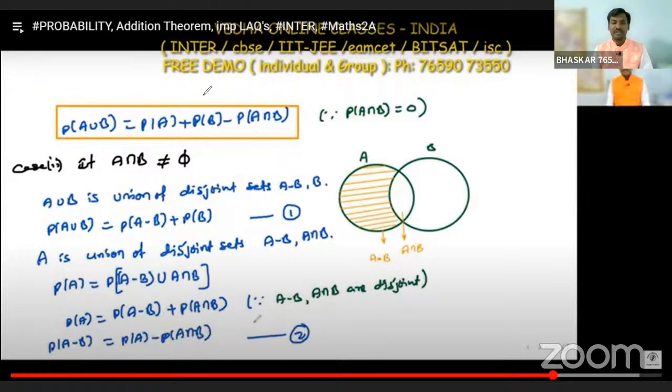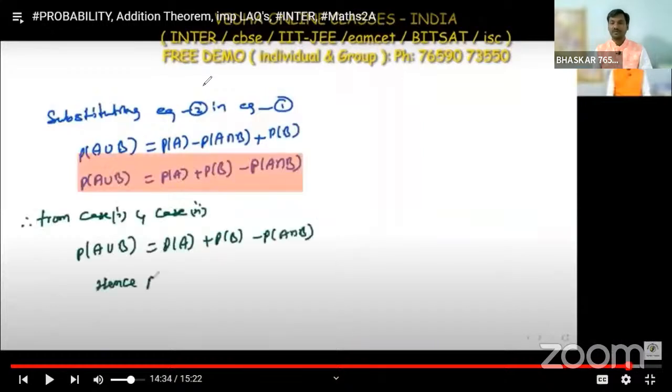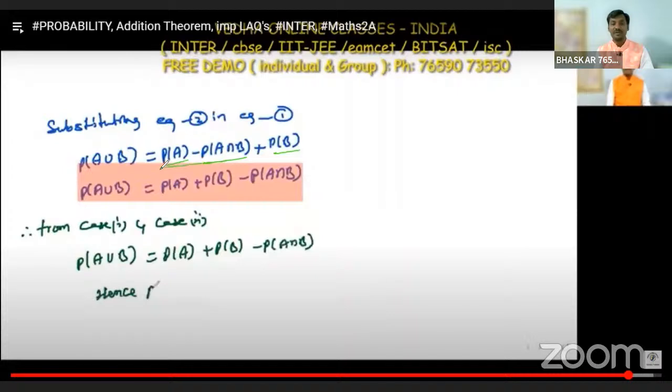Probability of A union B is equal to probability of A minus probability of A intersection B plus probability of B. This is the probability of A minus B value substituted here. Just rearrange them and write them in order: probability of A plus probability of B minus probability of A intersection B.